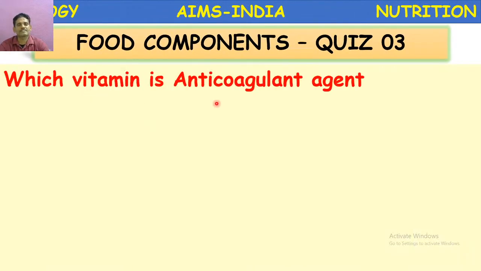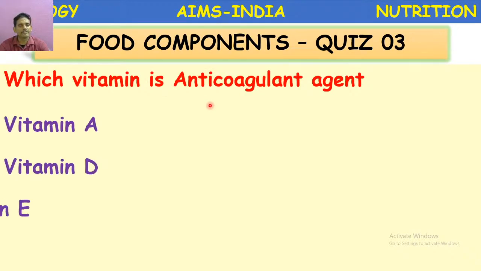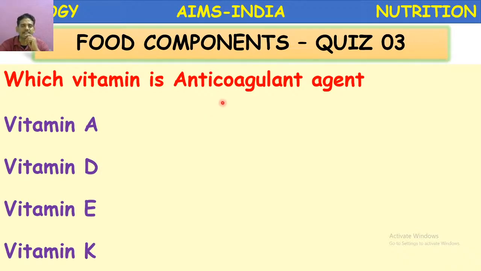Which vitamin is anticoagulant agent? Vitamin A, vitamin D, vitamin E, vitamin K. Here you have to understand the term anticoagulant. Which will coagulate the blood, or which helps in the clotting of blood.